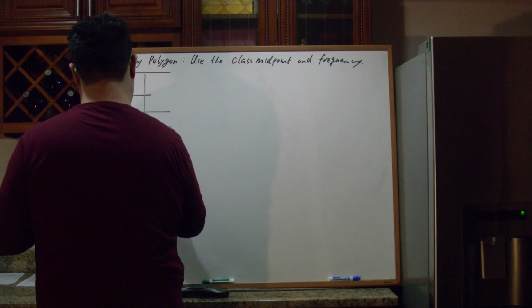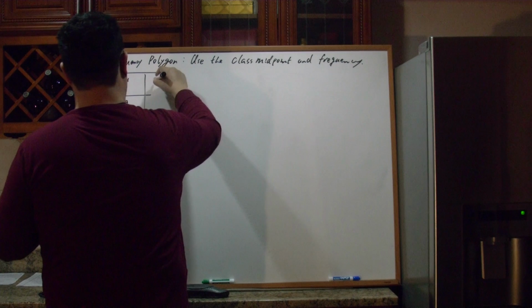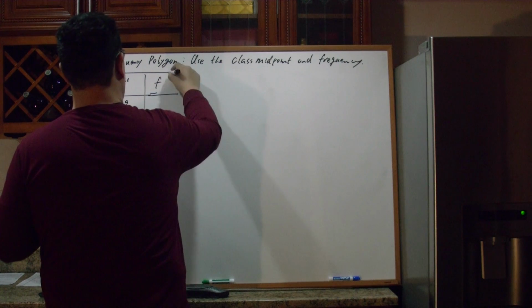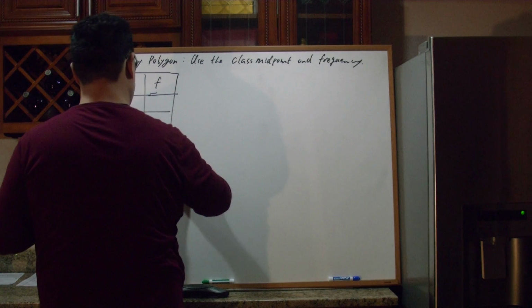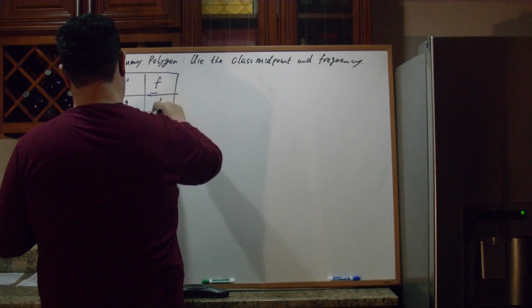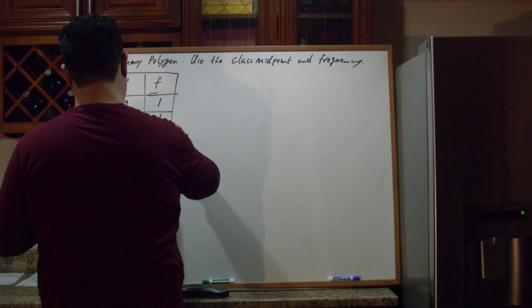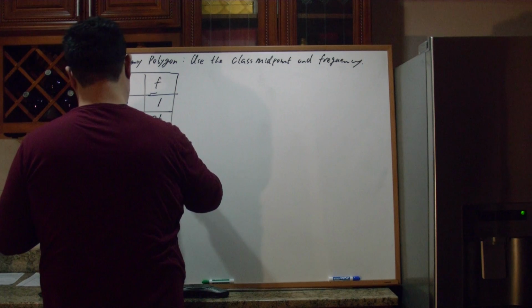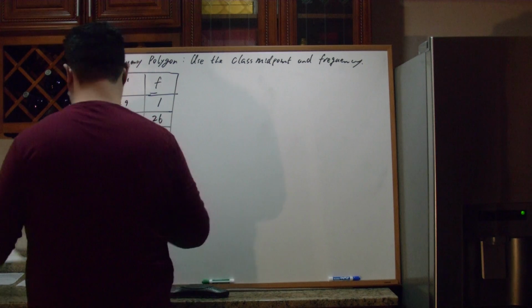This is the age distribution of Oscar best actors and its frequency: 1, 26, 35, 13, 6, and 1.